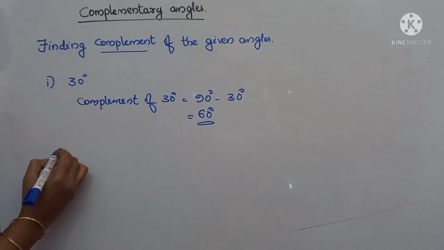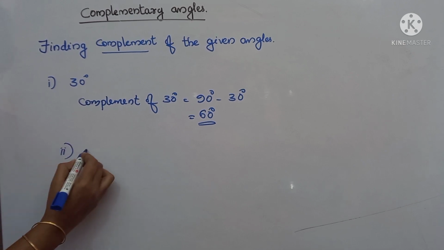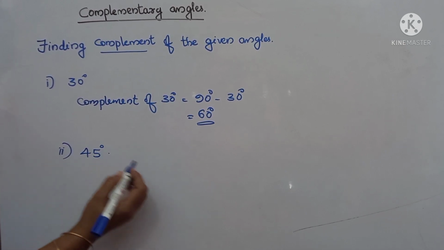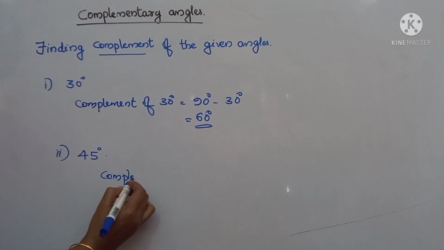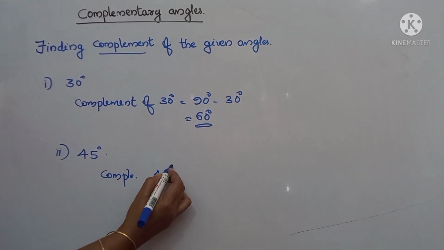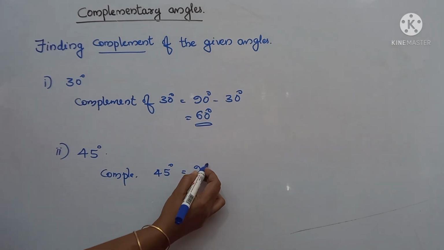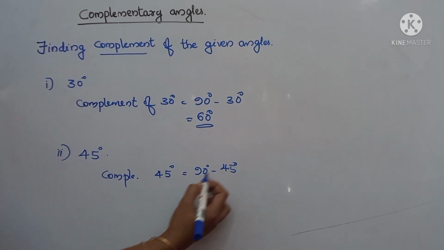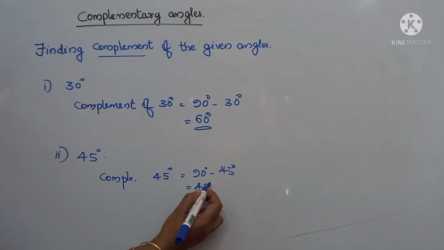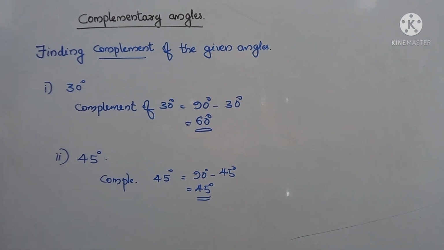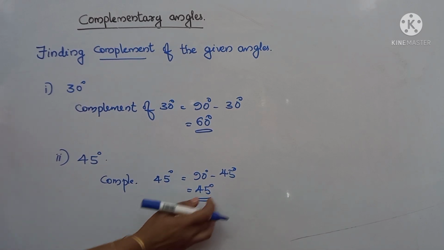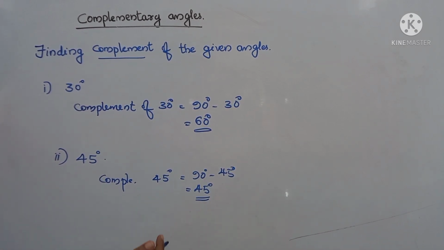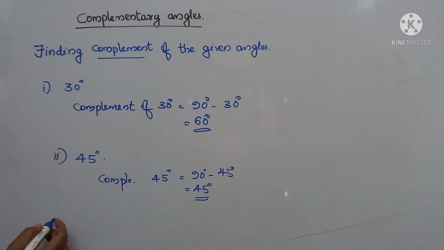And the second one, finding the complement of 45 degrees. The complement of 45 degrees is equal to 90 minus 45 degrees, that is equal to 45 degrees. One specialty is there for this 45 degrees. It is the angle which is equal to its complement.